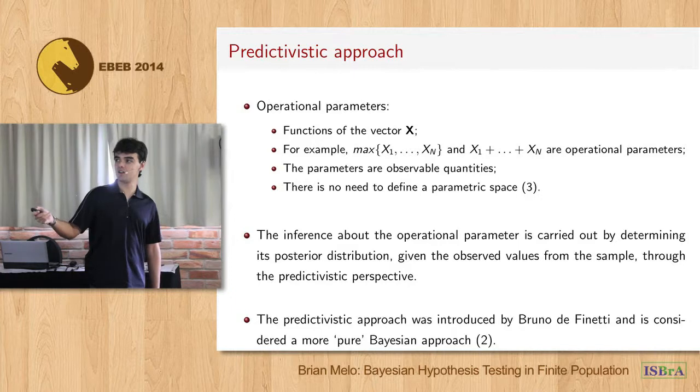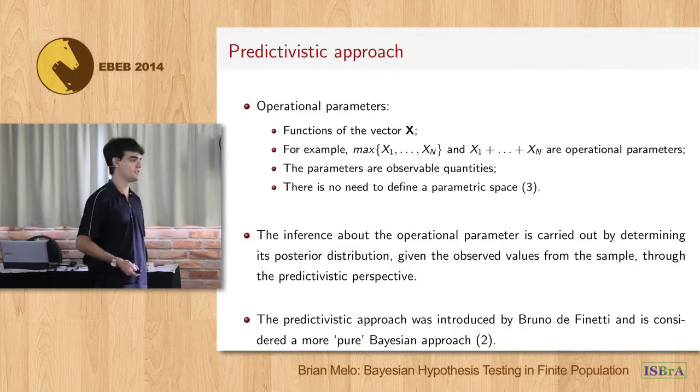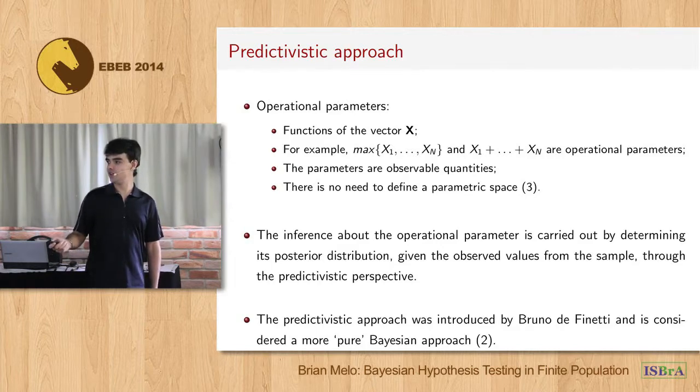No, here our parameters are always observable. And so the advantage of working with this perspective is that, as I said, the parameters are observable, and you don't have to define the parametric space. It comes as the result of the definition of the parameter. This perspective is also considered a more pure Bayesian approach, since we are only interested in forecasting or making inference about observable quantities.